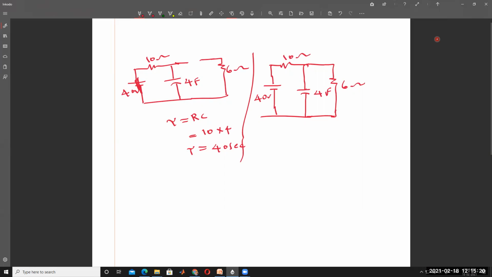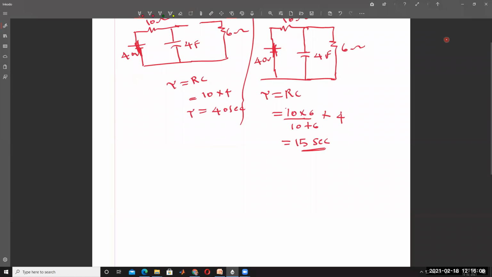To find the time constant, that is RC, with the voltage source short circuit. Then 10 and 6 are in parallel, so 10 into 6 by 10 plus 6, into C, 4 farads. This is the time constant of the circuit after switching action, approximately 15 seconds. So this is the time constant before switching action and the time constant after switching action.